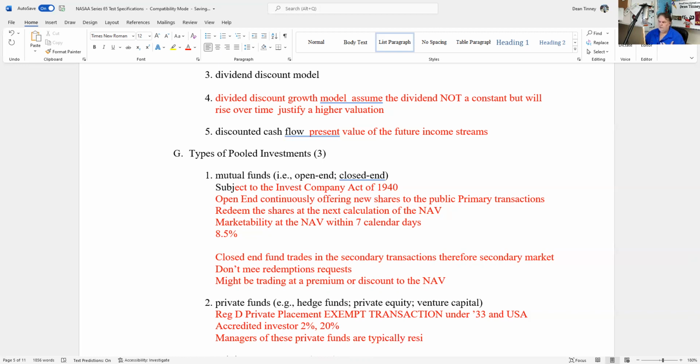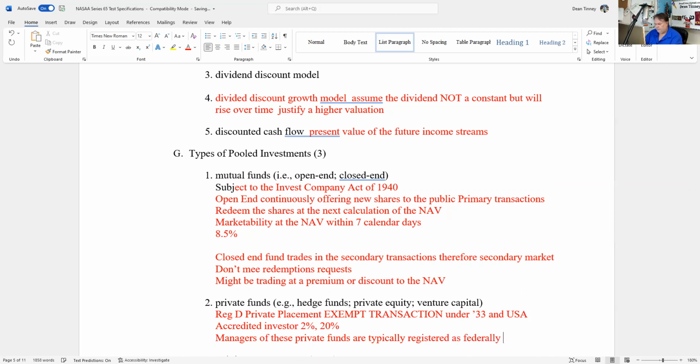In a hedge fund, the managers are the general partner, since they're organized as a partnership, and that general partner will be a federally covered investment adviser. So managers of these private funds are typically registered as federally covered investment advisers. The funds aren't registered, but typically the managers are.